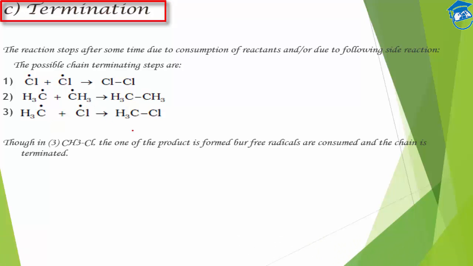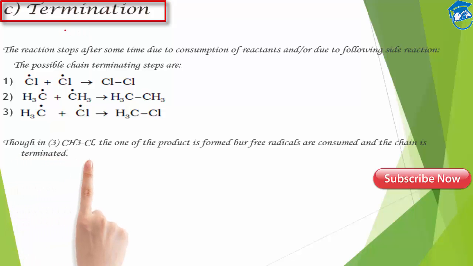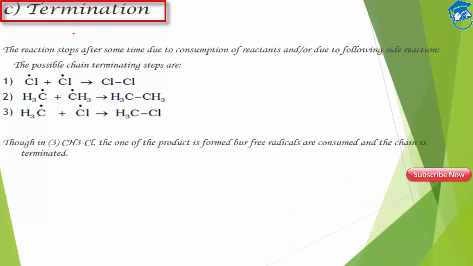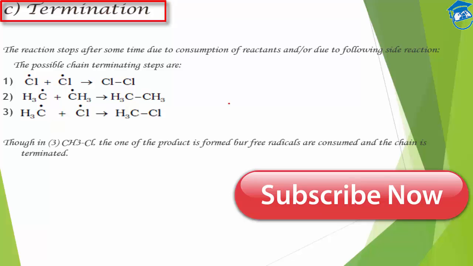Finally, when there is no free radical, termination will happen and the reaction will stop, or we can add some free radical capture, so the free radical could be captured and the reaction will stop. So it's a free radical reaction with 3 processes: initiation, propagation, and termination.